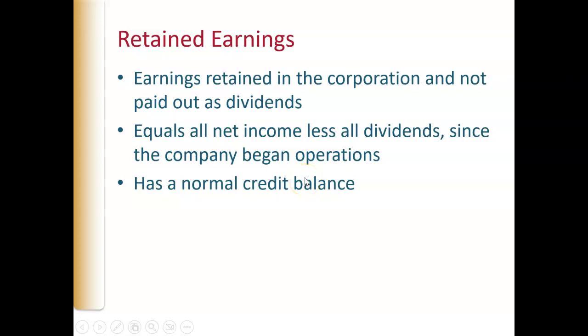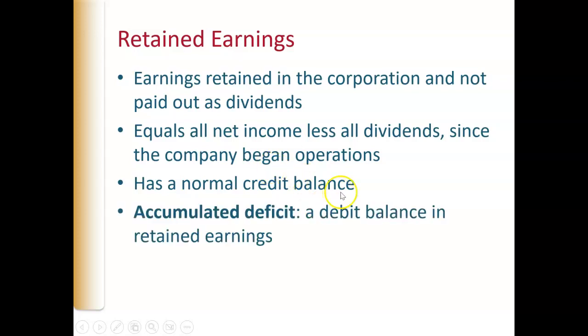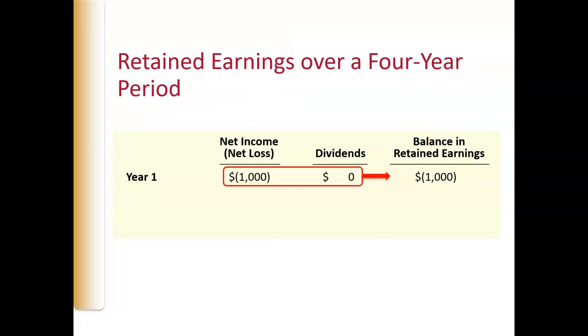It will have a normal credit balance. If it has a debit balance, that means it's in the hole. A debit balance in retained earnings is a deficit. So let's say in year one, it has a deficit of $1,000. So in year one, we have a debit balance, and we're in the hole, $1,000.